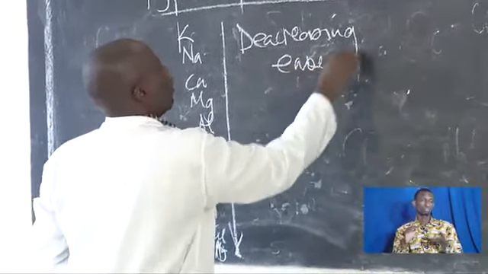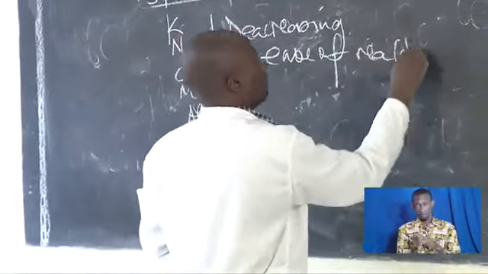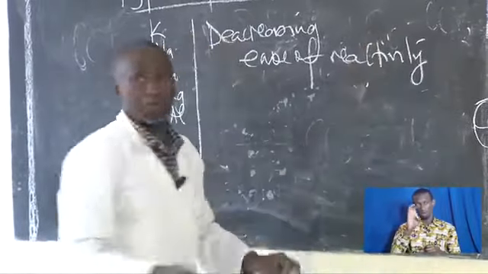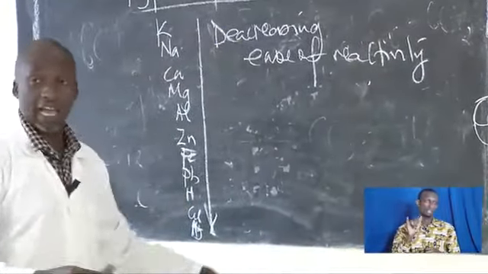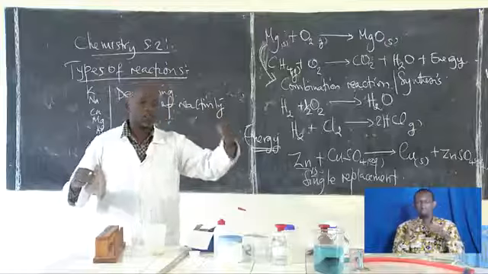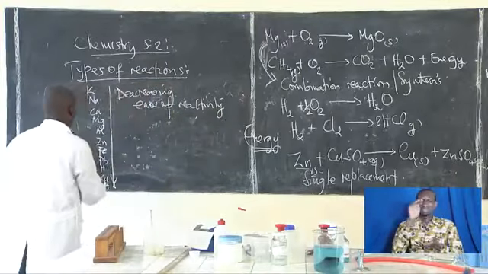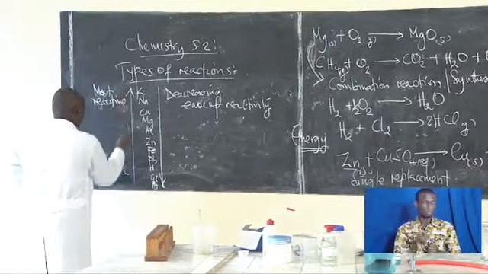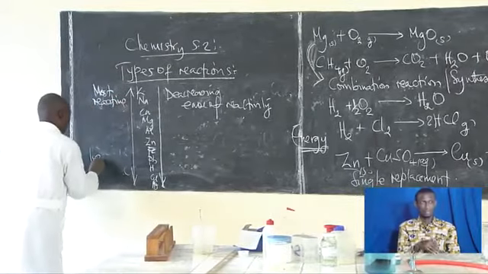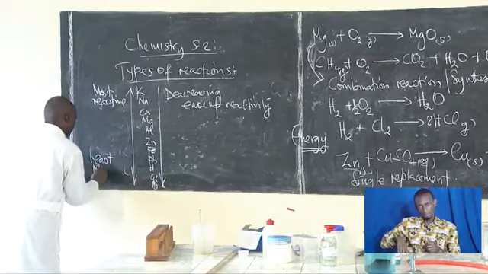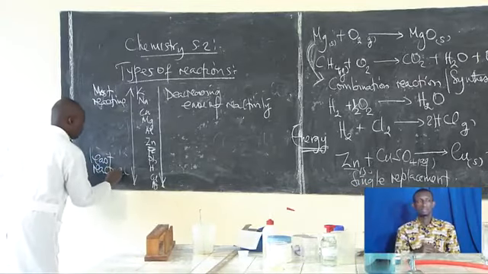This shows decreasing order of reactivity. What does it mean? It means that as you move down, the reactivity of these elements decreases. So this is the most reactive, and this is the least reactive.